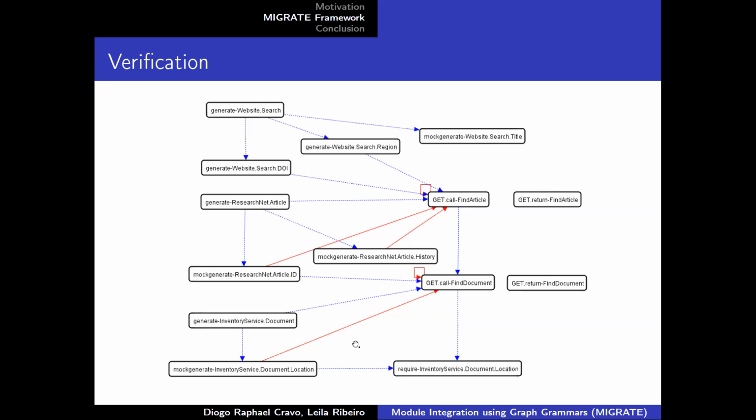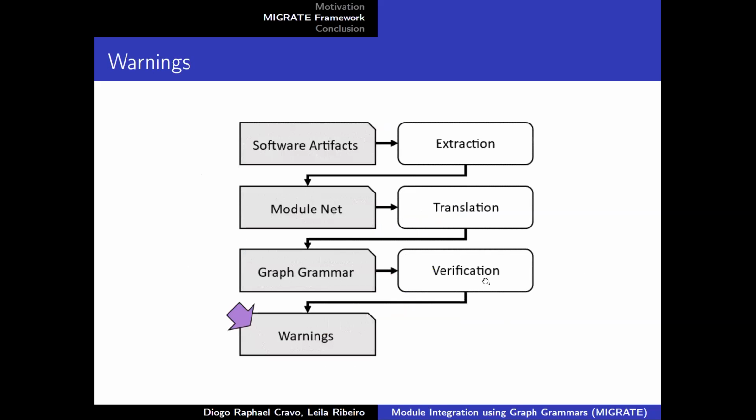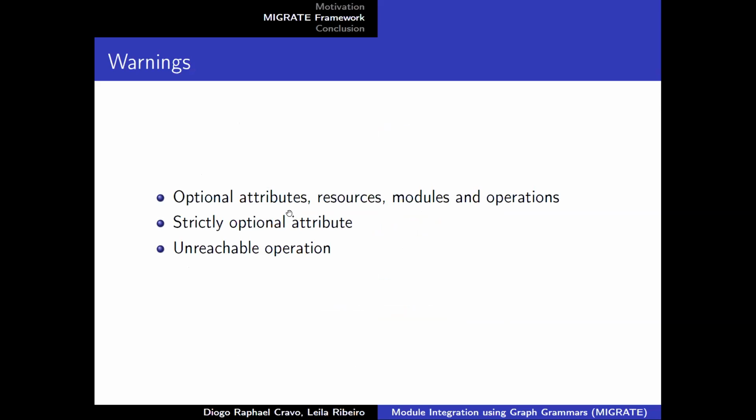And there are also other kinds of analysis that we do on this graph. But the important thing is that with the verification procedure, we generate a set of hints, and then we use those hints to generate warnings to the users that will be useful to them. There are just a few kinds of warnings we have today. We can tell whether an attribute, a resource, a module or an operation is optional, which means that those concepts are not contributing to reaching something that is required by the system.